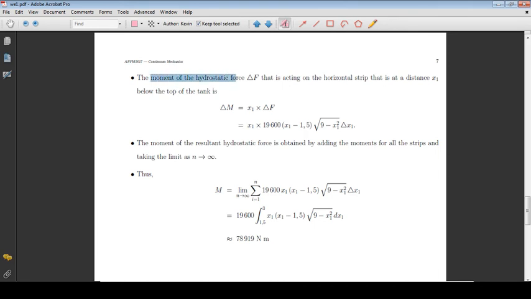The moment of the hydrostatic force acting on the horizontal strip is equal to the distance of the horizontal strip below the top of the tank multiplied by the force acting on the horizontal strip.